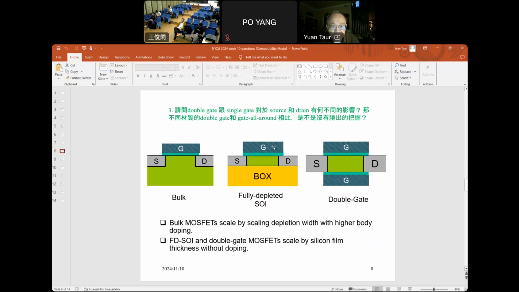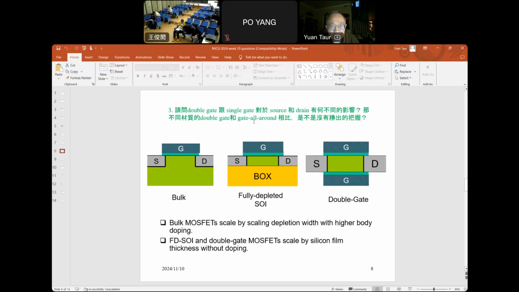So for single gate, self-alignment is straightforward. You just do the gate first and then implant through the gate with the gate in place, so that the source drain is self-aligned to the gate. But for double gate, it's more difficult to do. That's why people have to come out with FinFET kind of geometry to make both gates self-aligned, the source drain self-aligned to both gates.